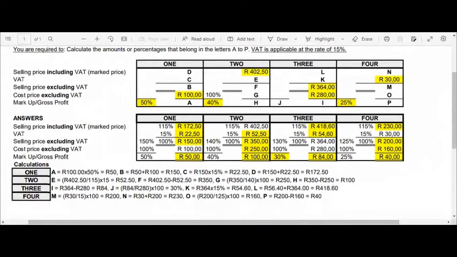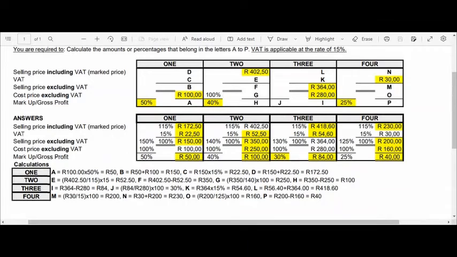Right. Now, if we want to calculate our markup percentage, which is J, what are we going to do, ladies and gentlemen? We're going to take our gross profit. Remember, this is not a profit margin, it's a markup. Let me just go to the chat there: 130 less 100.